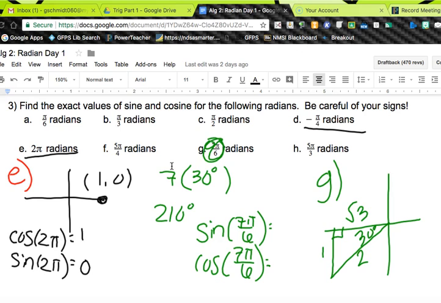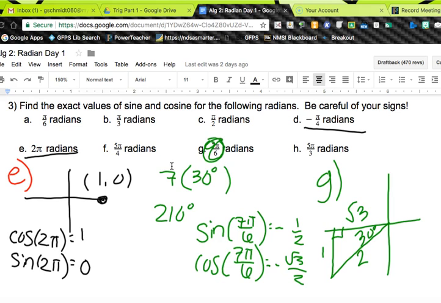In that quadrant, is sine positive or negative? Negative. What is positive in that quadrant? Tangent. So we're negative sine. Sine of 30 is what over what? Sine is 1 over 2. Opposite over hypotenuse. Cosine, positive or negative? Negative, root 3 over 2. So with these ones, the only difference is that you have to figure out what angle they're talking about. So we just did 3 of the 9 you had.